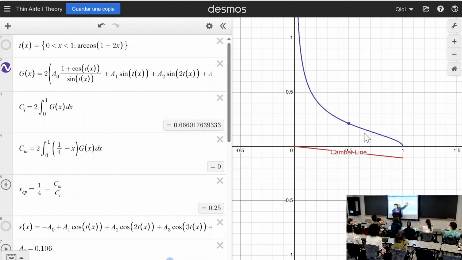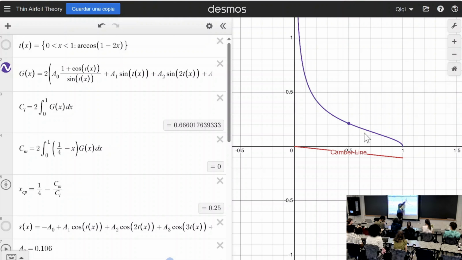I'm going to derive this more carefully in the next lecture, but if we assume that the induced flow is small compared to the free stream, then there is an approximation that says the difference in pressure is proportional to this vorticity. So you have a small difference in pressure between upper and lower surface over here, and a big difference here.